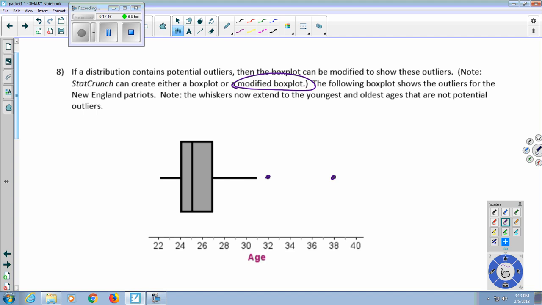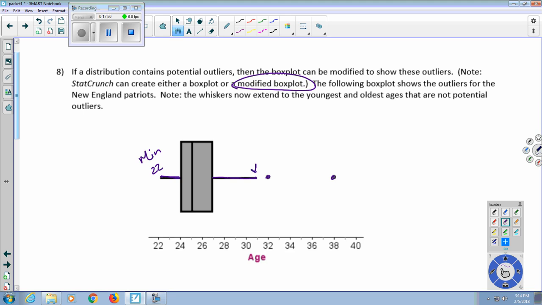So just that's kind of a point of information. A modified box plot is modified to demonstrate that there are outliers. So the whiskers go to the last data point that's before the cutoff. Since there were no lower outliers, this is still going to our minimum age, 22. And this whisker is going to the last data point that's less than 31.5.